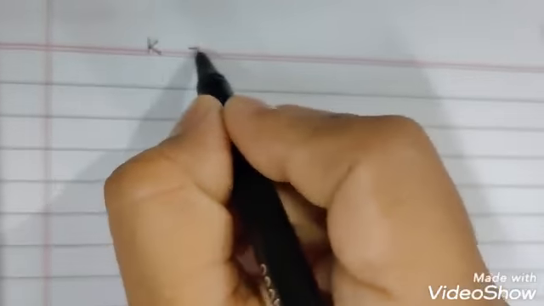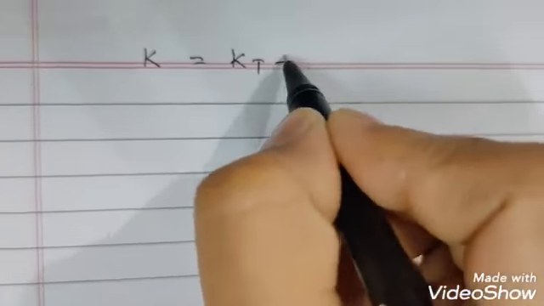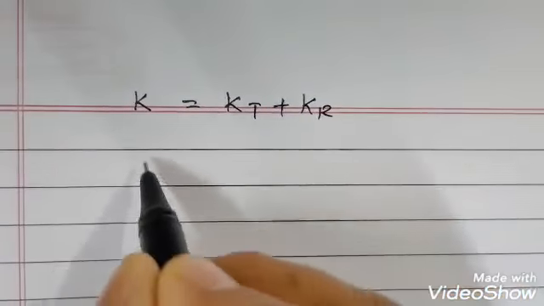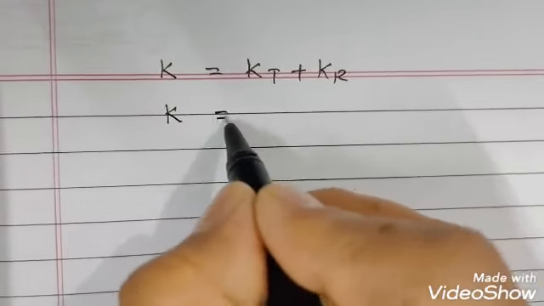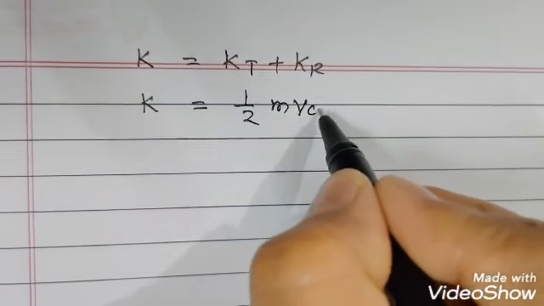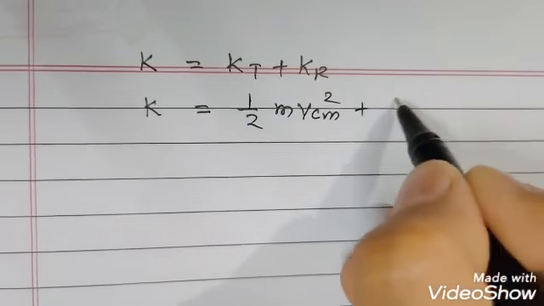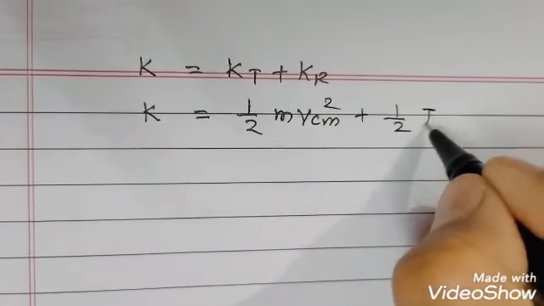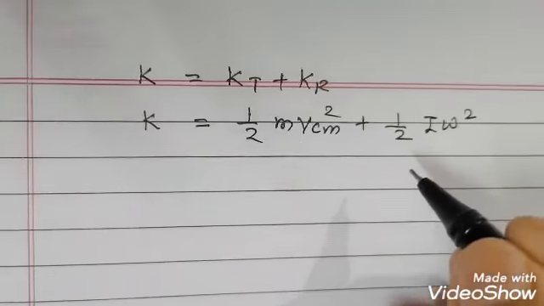Now in rolling motion the kinetic energy is the sum of these two, Kt plus Kr. So the kinetic energy is equal to half m v cm square plus half I omega square.